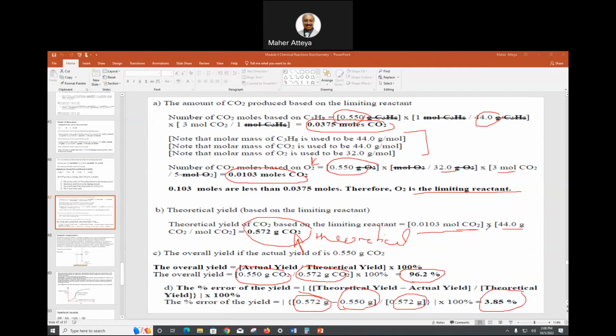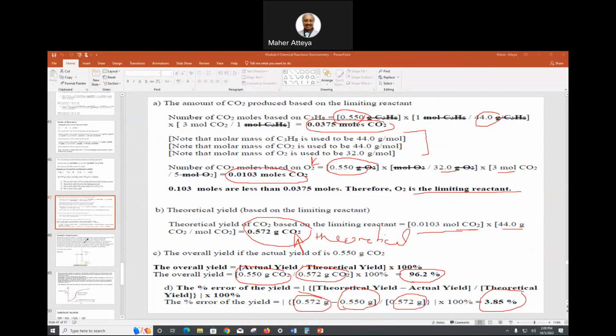So your error is 3.86, which is very, very good. You did an excellent job in the experiment. A bad experiment is if you exceed 25 or 30%, that's a big error. But you have 96.2 recovery. That's excellent. That's really very good.